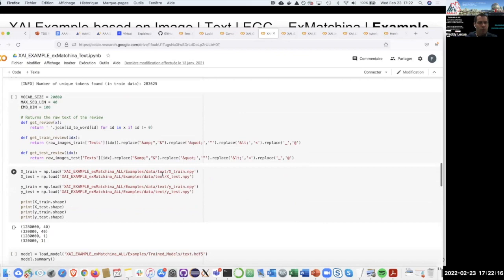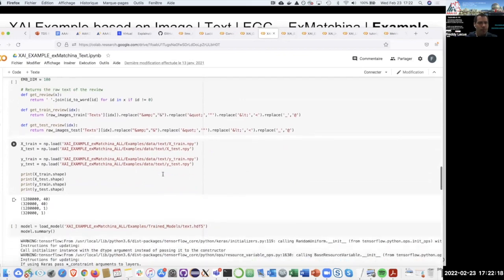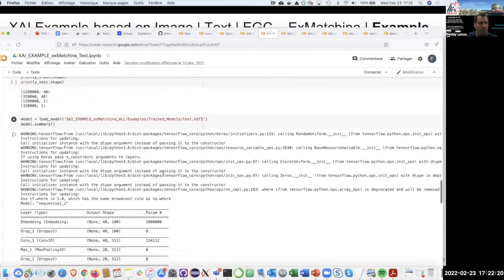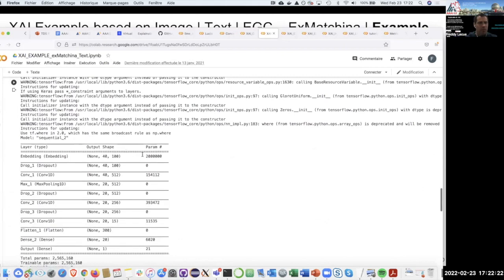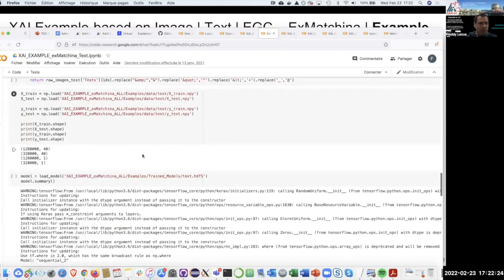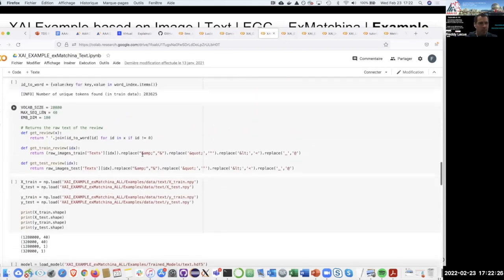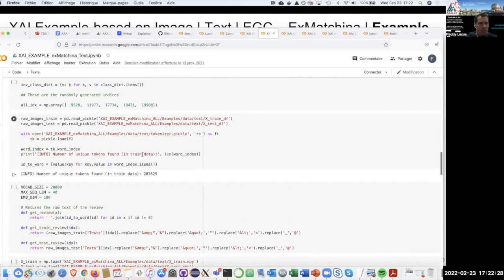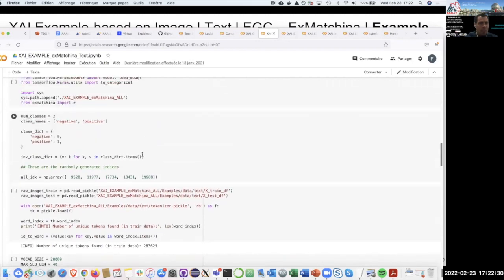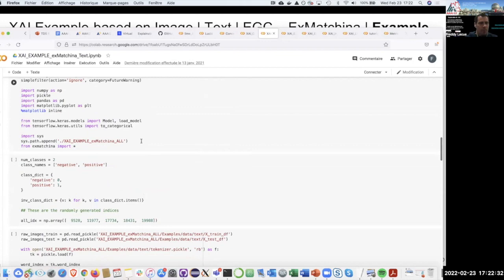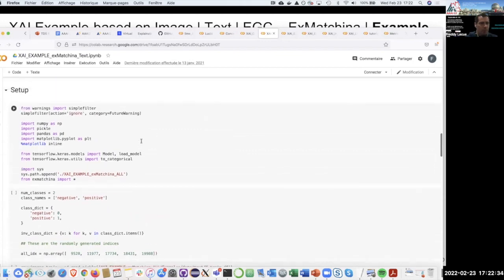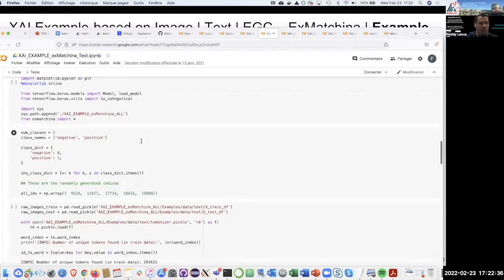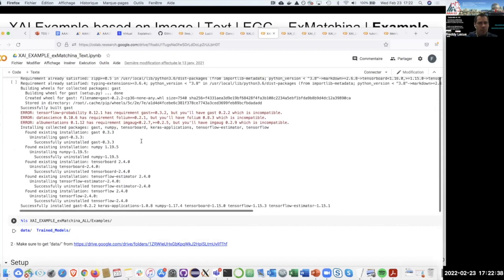So you load the model. Okay, so this is why the model is loaded. The architecture used, which one is it? Okay, it's not mentioned.